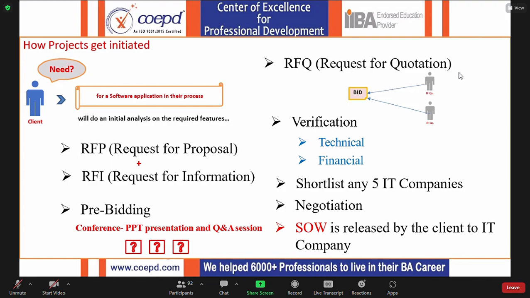Sir, will RFP and RFI be done by the client, or do we have to? See, RFP is a proposal made by the client in his own way of understanding, his own way of presentation.